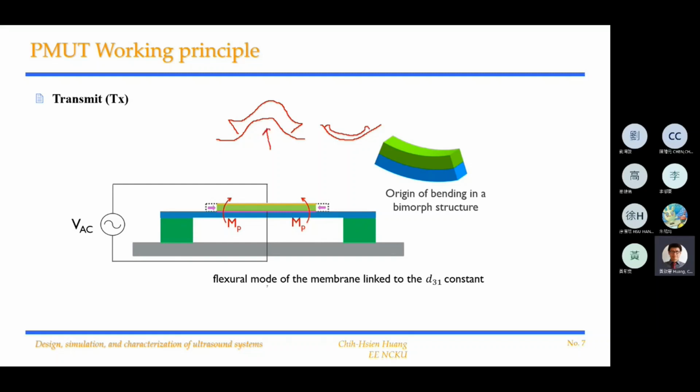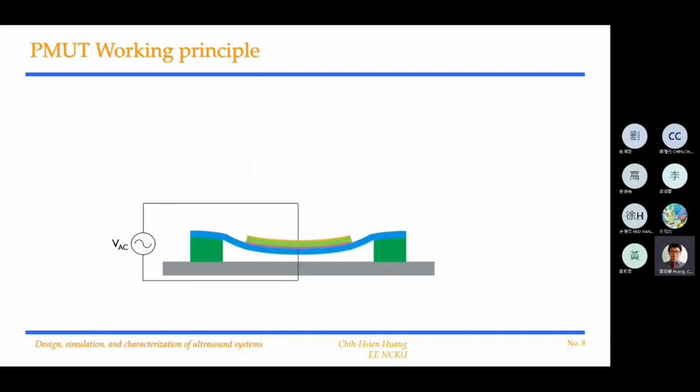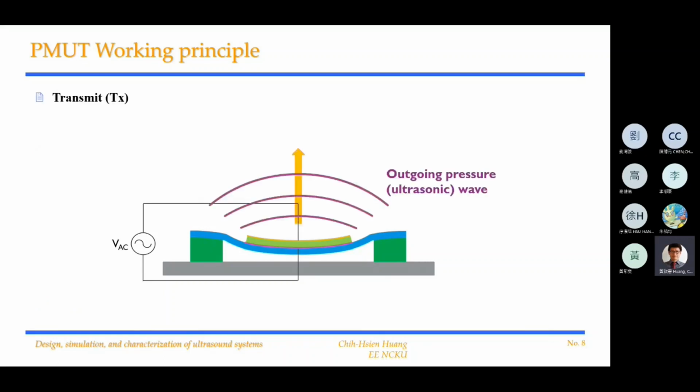So it could go up and it could go down, and when it is vibrating, it will bring up our supporting layers. So by vibrating, it will start to generate acoustic waves and propagate them out. So this is the situation when we transmit with PMUT devices.